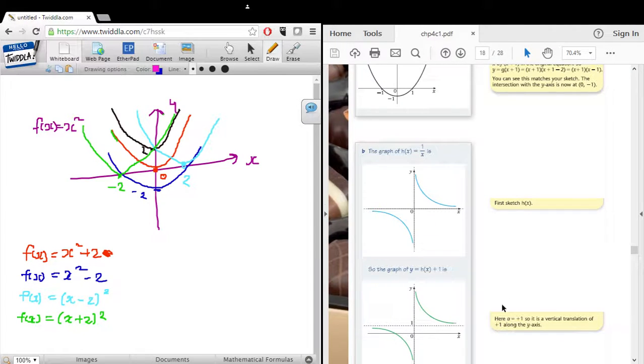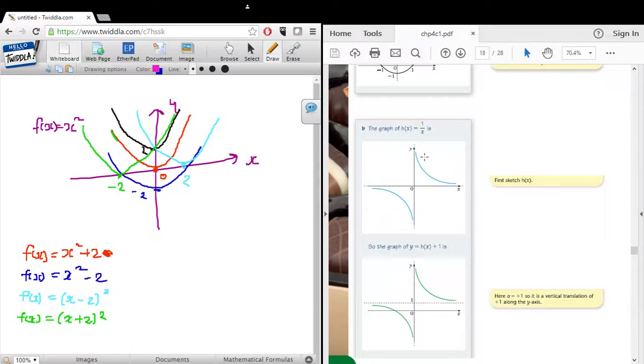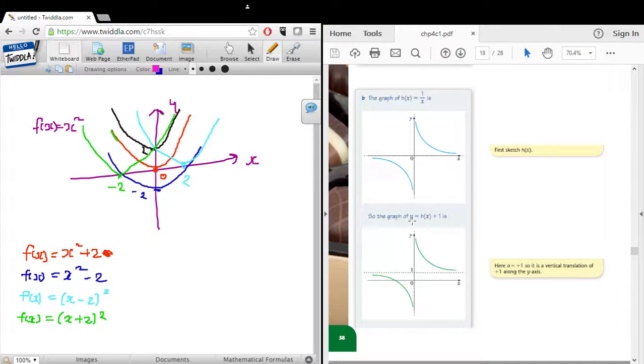Here's an asymptote. Again, h(x) equals 1 over x. So y now equals h(x) plus 1. If h(x) equals 1 over x and y equals h(x) plus 1, you can equivalently write this as y equals 1 over x plus 1.